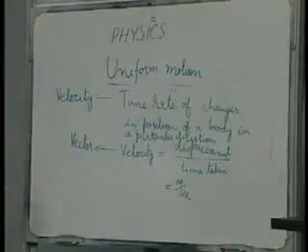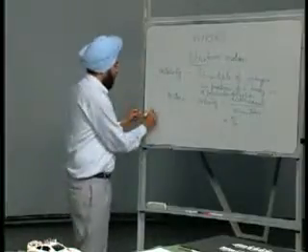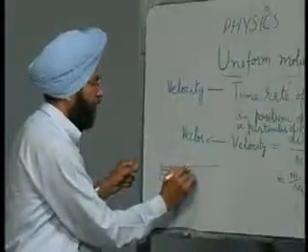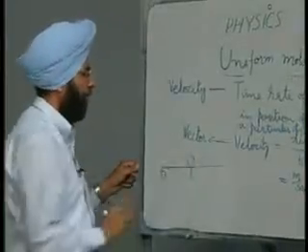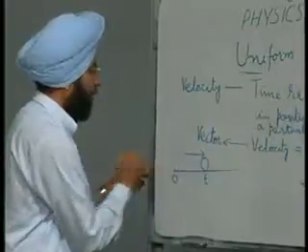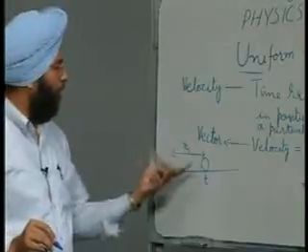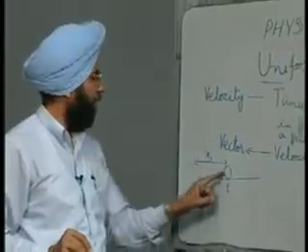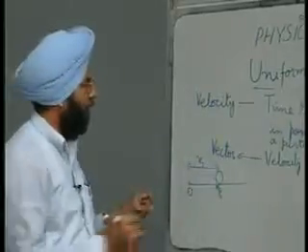Now, suppose we have a body moving in a straight line. We take this as origin. At time t, the body reaches here. This distance it has travelled, x1, position of the body, distance between origin and position of the body presently is x1.